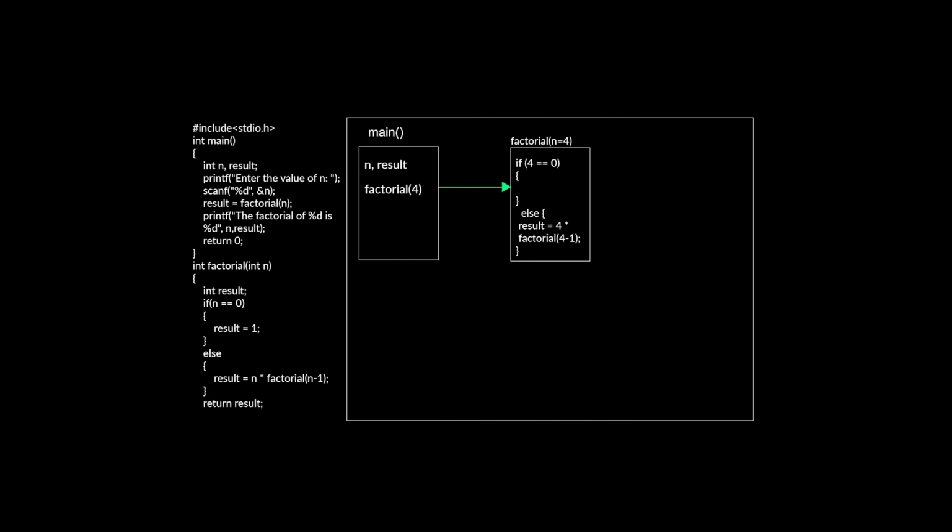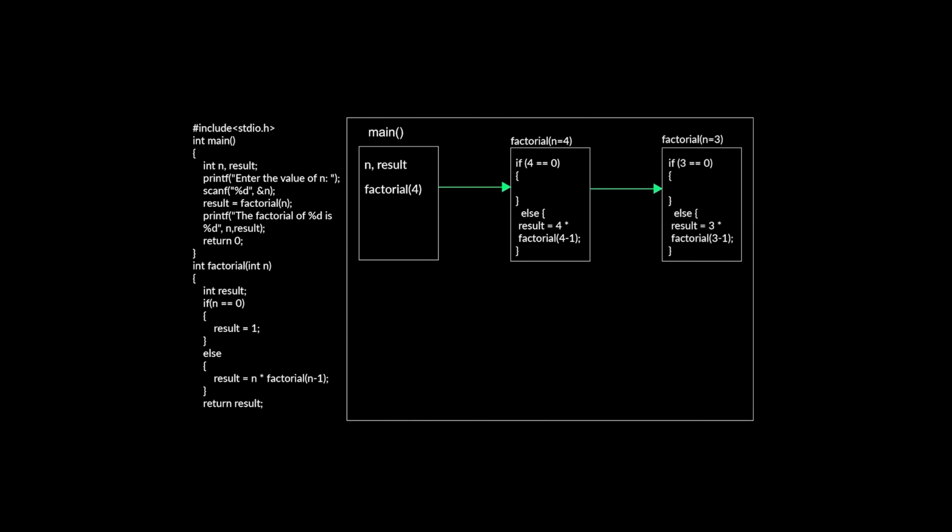In the else block, n into factorial of n minus 1 executes. So 4 into factorial of n minus 1, that is 3. Now to multiply this expression, first we have to know the value of factorial 3. So one new method space will be created for factorial n equal to 3.